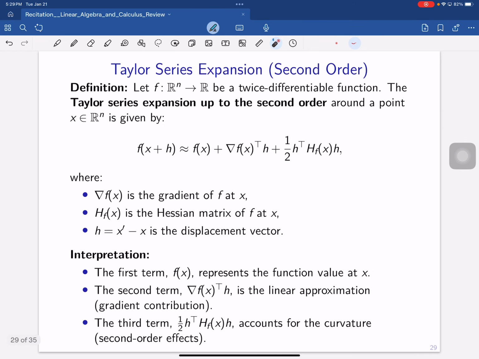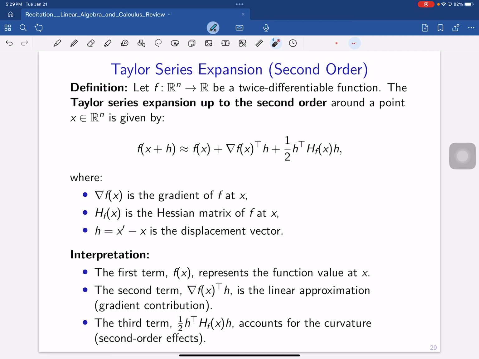Yeah, so here's probably what you heard the most in a calculus class, right? If you only study calculus, perhaps you believe that Taylor is the most important mathematician out there, right? So everything is about Taylor series expansion. The idea is you could approximate any arbitrary nonlinear function using polynomial functions.